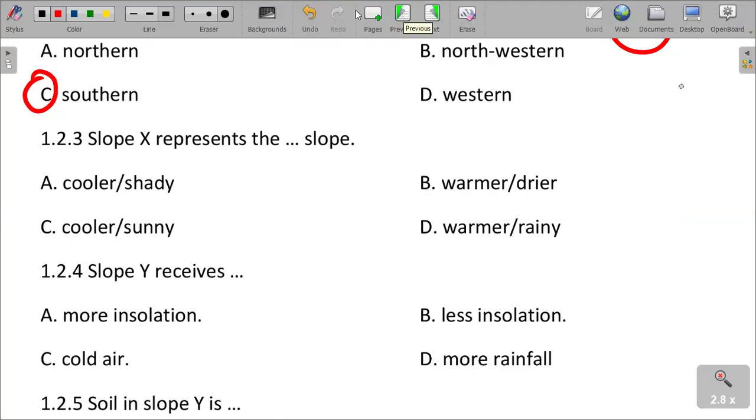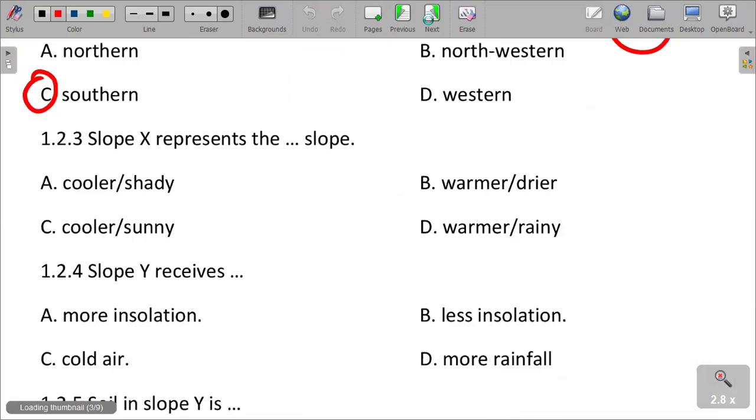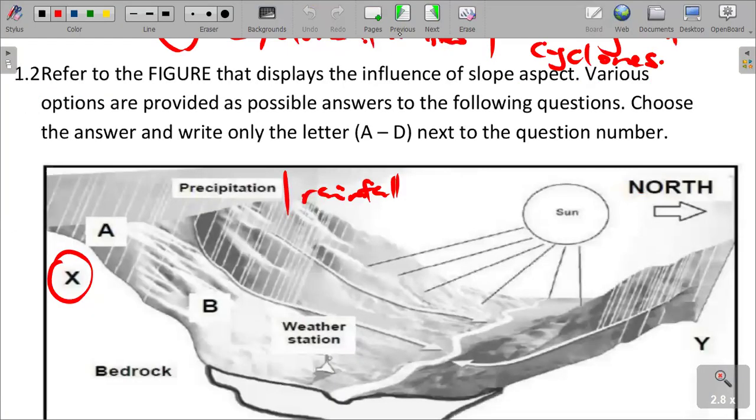If you look at the question, what does slope x represent? As you can see there, there is rain, precipitation. We also see temperature, or a warm slope, which is also shown by this.